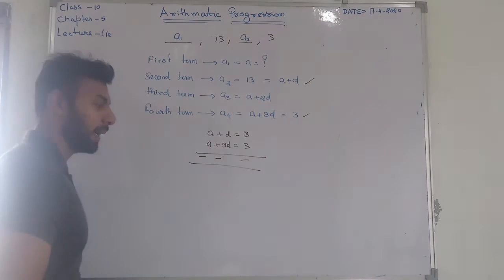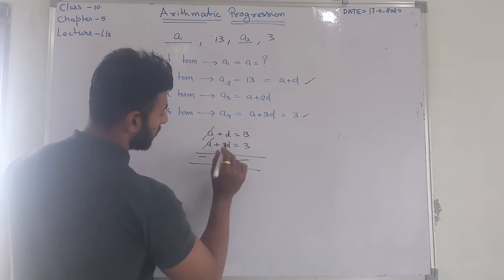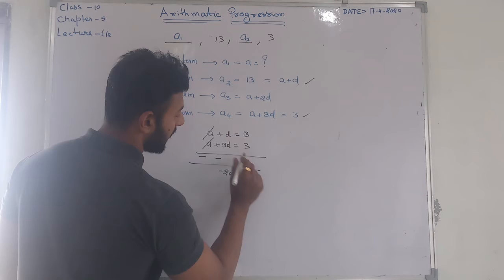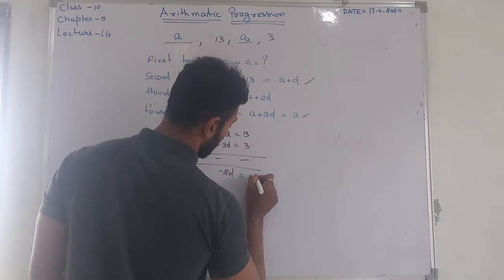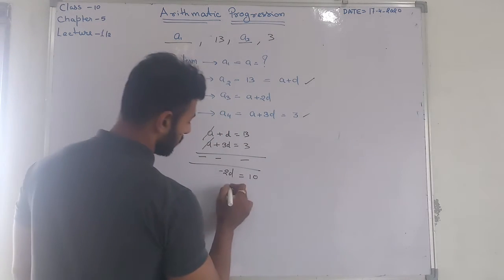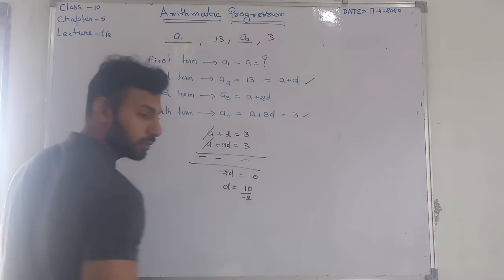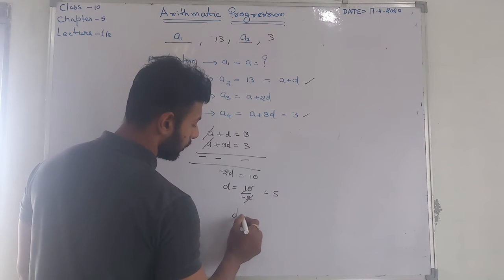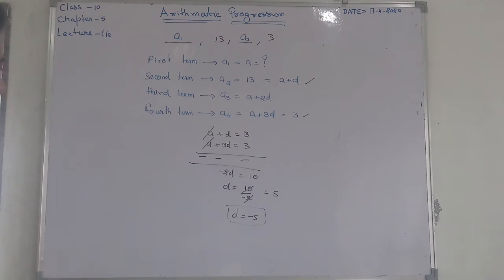This will get cancelled out. Minus 3d plus d, minus 2d is equal to minus 3 plus 13, which is positive 10. So d is equal to 10 upon minus 2. Simplifying this, you will get minus 5. So d is equal to minus 5.